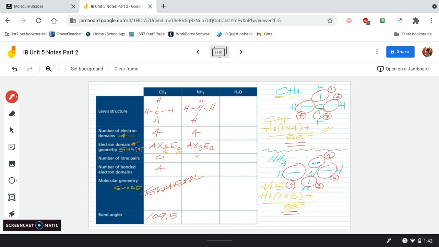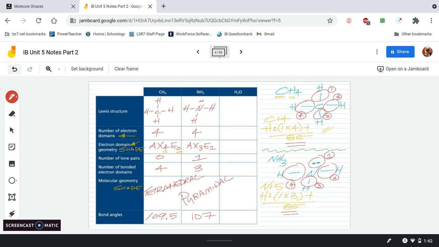So 1 lone pair, 3 attached atoms, and then this is pyramidal. And then a 107-degree bond angle. So you can see they both had 4 electron domains, right? So they both had 4 things attached to the middle, but they actually created a different shape.